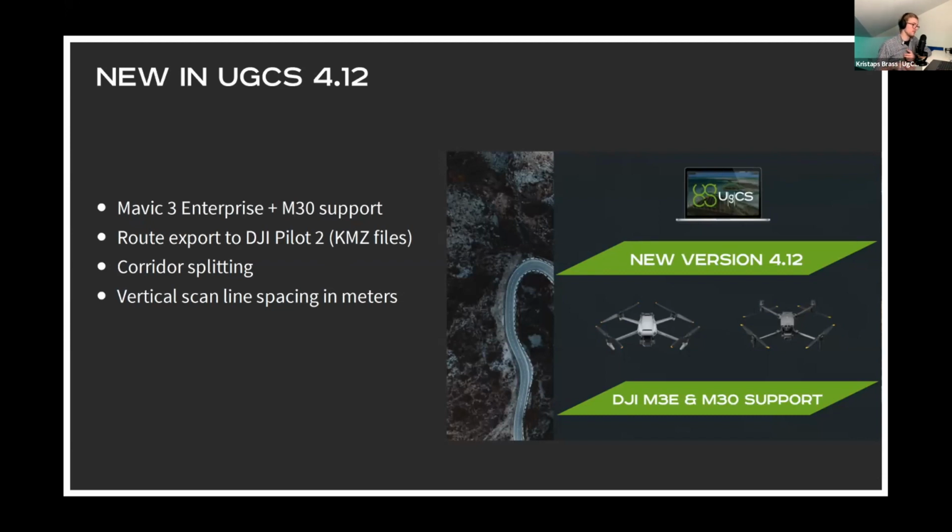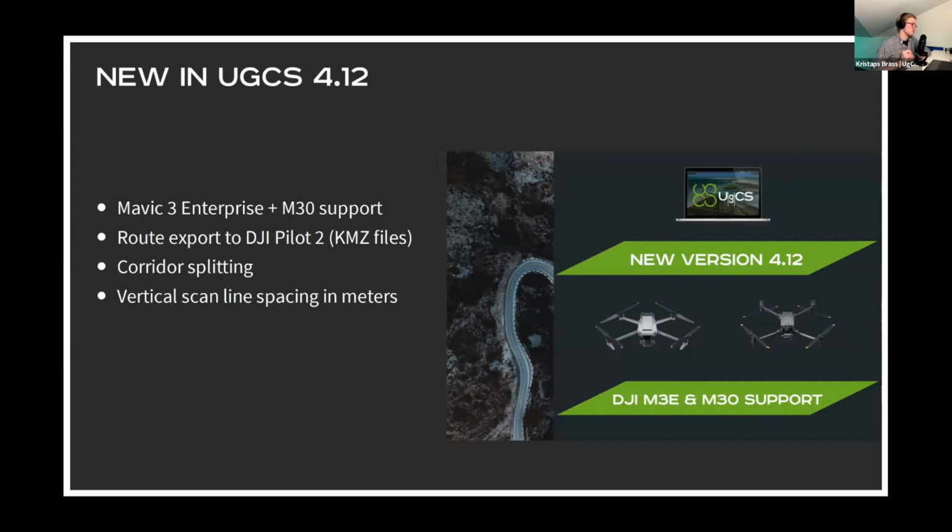We are working on that because they're based on the new SDK version from DJI. So the ability to connect them directly is also coming soon, hopefully this year. But for now, you can already plan flights for Mavic 3 Enterprise as well as DJI M30 drones, and then export these flight plans to DJI Pilot 2 and then fly with these drones.